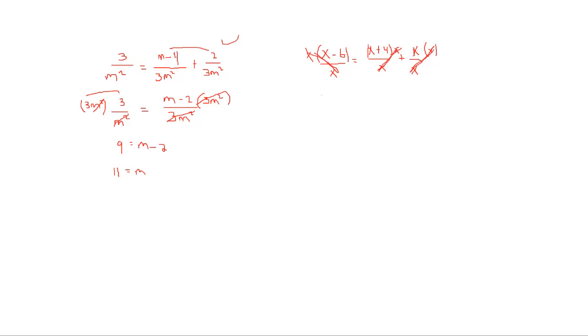That's going to leave me x minus 6 is equal to x plus 4 plus x. And if I add x plus x, that's going to give me 2x. So that's x minus 6 on the left, and on the right, that will leave me 2x plus 4.